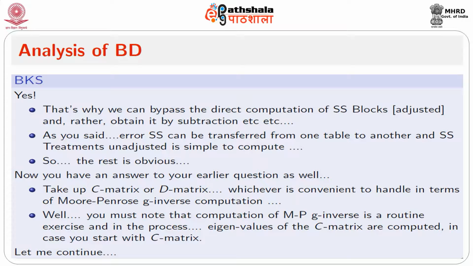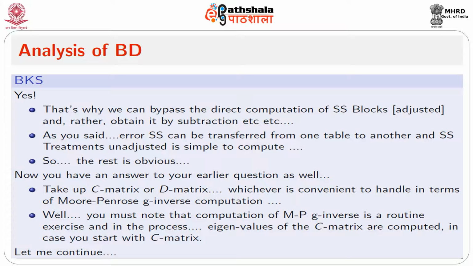So the rest is obvious. Now you also have an answer to your earlier question. Take up the C matrix or D matrix, whichever is convenient to handle in terms of Moore-Penrose G inverse computation. Well, you must note that the computation of Moore-Penrose G inverse is a routine exercise, and in the process, eigenvalues of the C matrix are computed in case you have started with the C matrix.